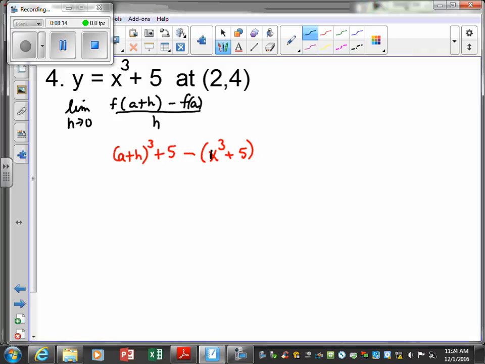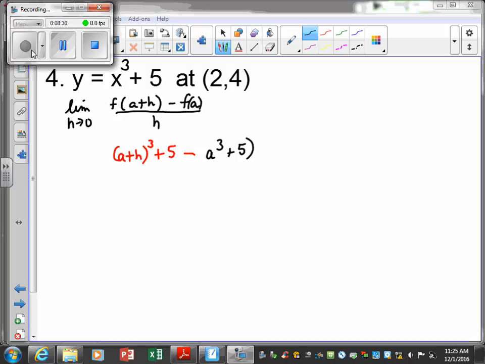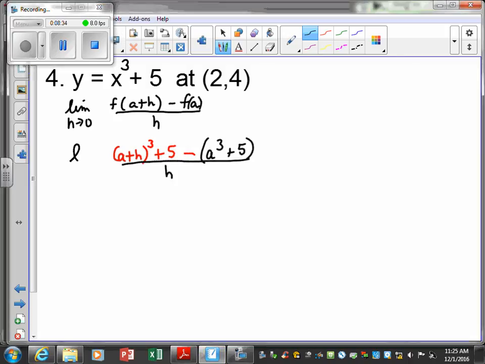Let me put that back in. I want to keep that in black. The original is x cubed plus 5. A cubed plus 5. Careful to keep our notation correct.